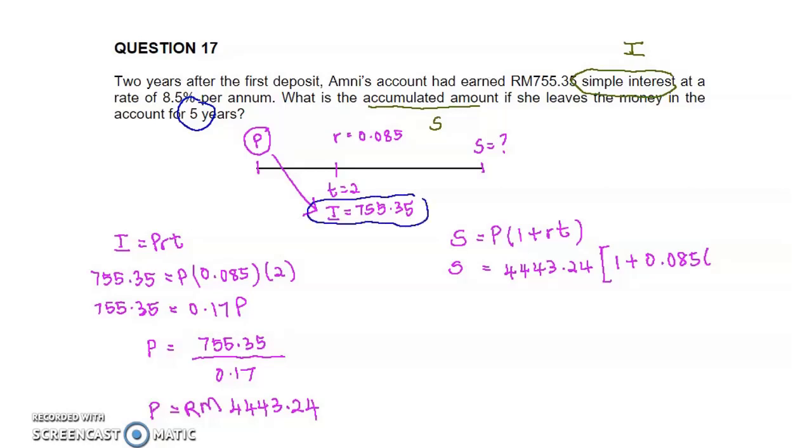So with this principal, if you leave for another 5 years, how much will you get at the end of this period? Altogether from the beginning up to here, the total years is actually 7. So here you substitute T equal to 7.